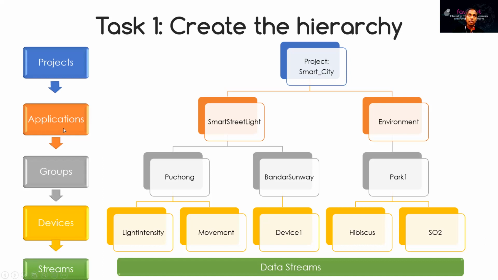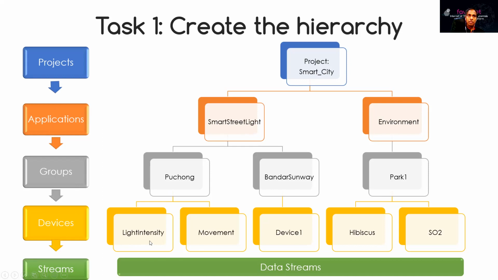Next, in the application, you create 2 applications, smart street light and environment, which are tied to the smart city project. And then 3 groups: Puchong and Bandar Sunway, which are tied to smart street light, and Park-1 tied to the environment.